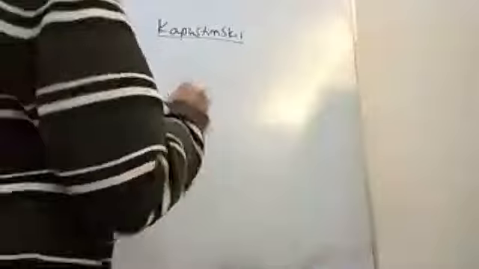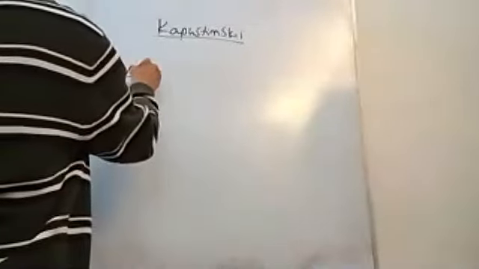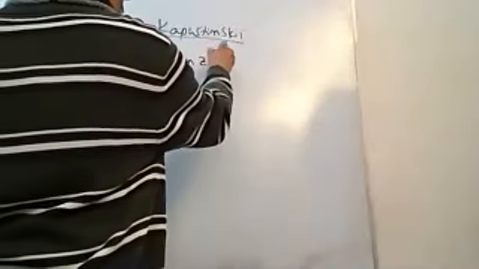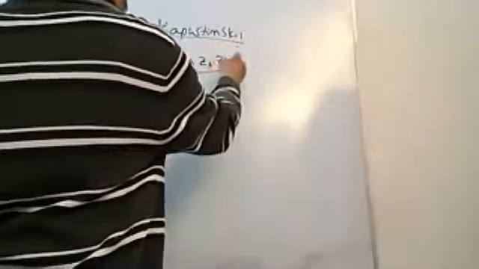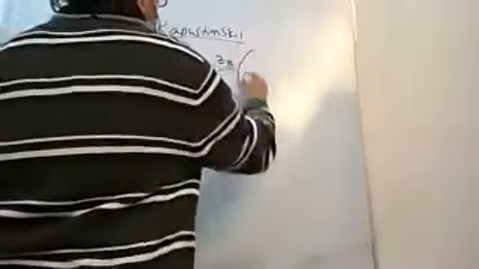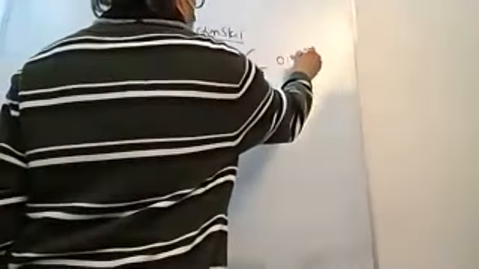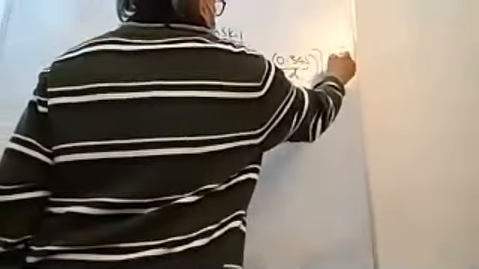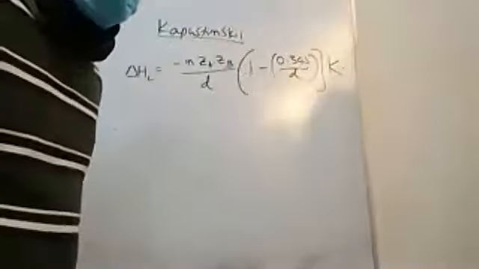He said the lattice energy, delta HL, should be equal to -n ZA times ZB divided by D, times 1 minus 0.345 divided by D, times a constant called K.